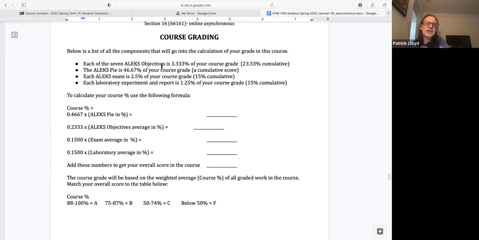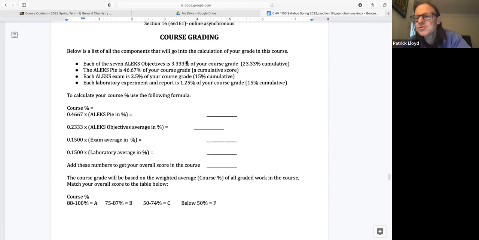This is the course grading for the course. These are funny numbers here because it just sort of adds up. There are 7 objectives, each with certain types of problems. But this allows you to estimate what your grade is throughout the semester. You just say, my objective 1, I had 90%.